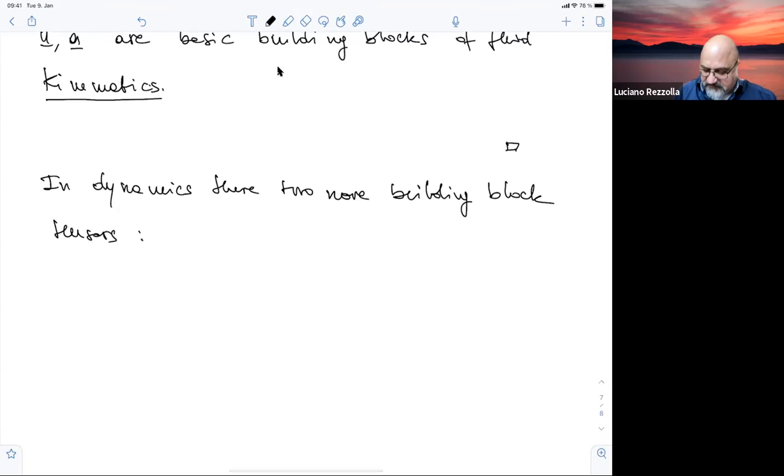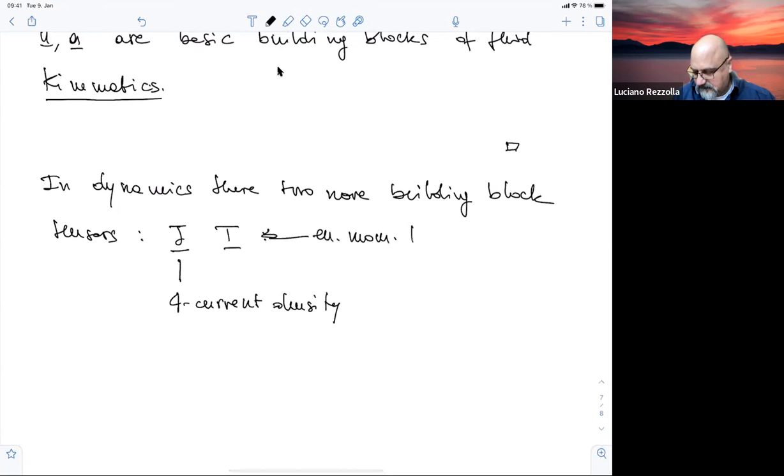And these are called J and T. This is the four-current density, and this is the energy momentum tensor. So the question is, how do we define J and T? There are two different ways, and you're going to get exactly the same answers.